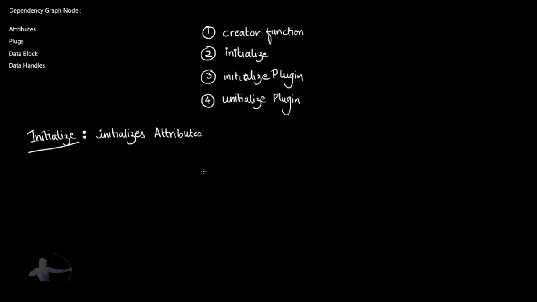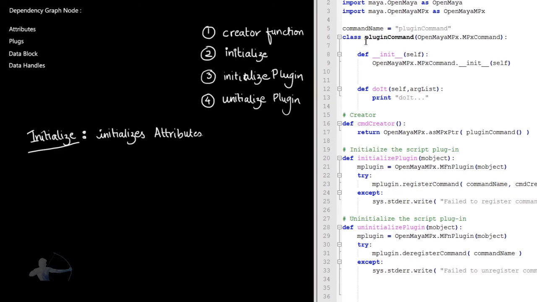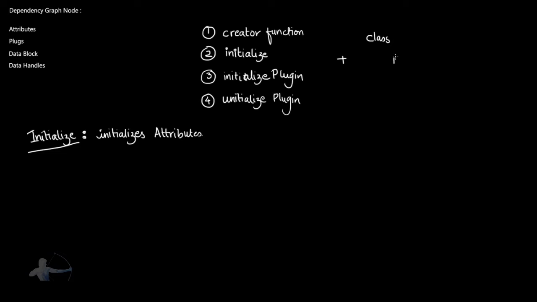With that, we need a class, and similar to what we had in the command plugin, we had a constructor and a doIt function. We will have a constructor. Secondly, in the Maya command we had the doIt function, which in this case will be replaced by the compute function.